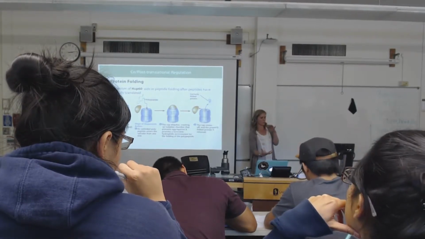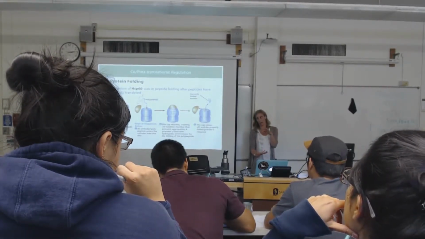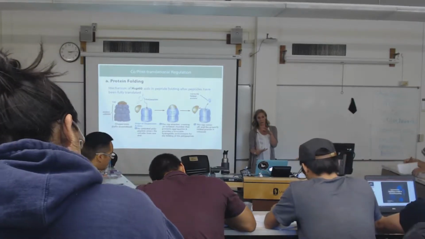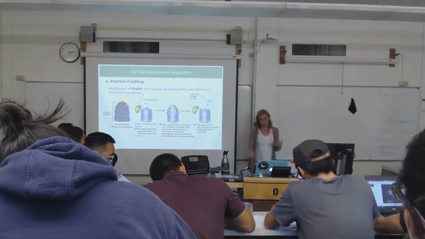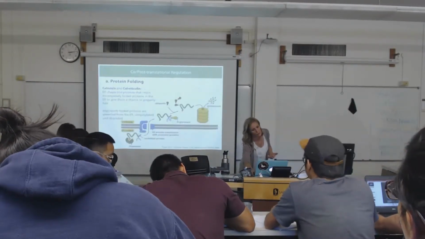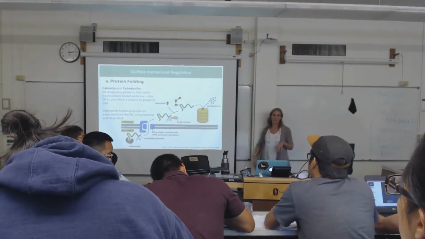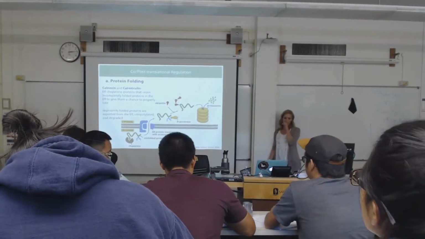So there are proteins that are going to be folding within the ER, right? Those proteins need chaperones as well. Two of the really important chaperones in the ER are called calnexin and calreticulin.